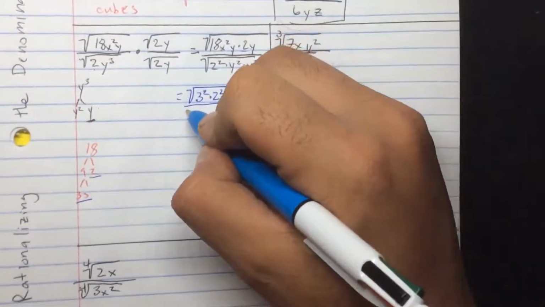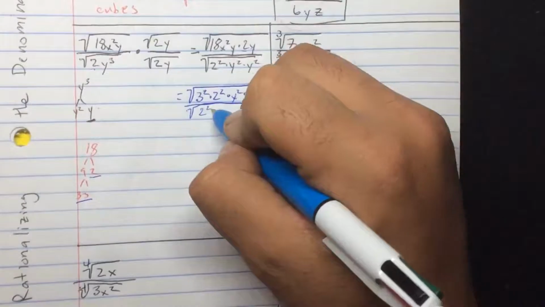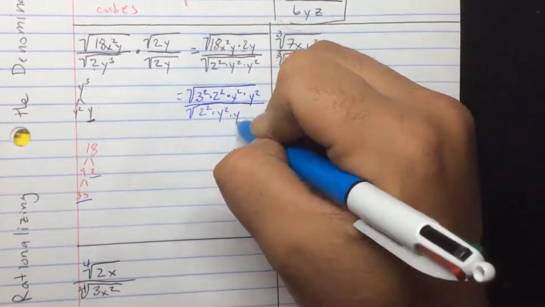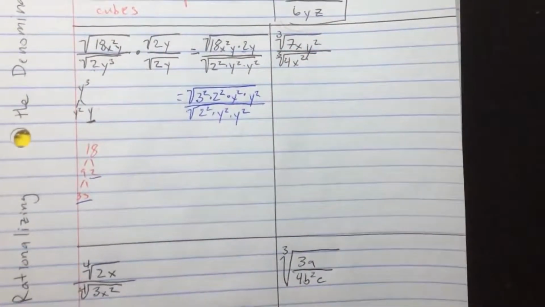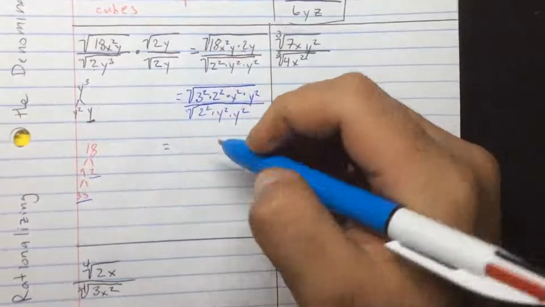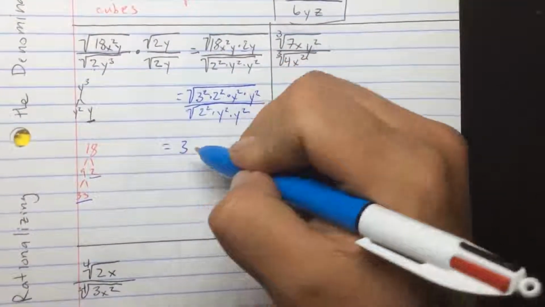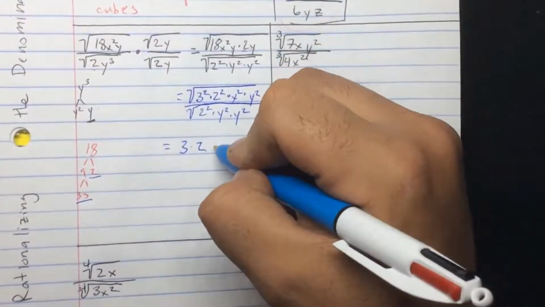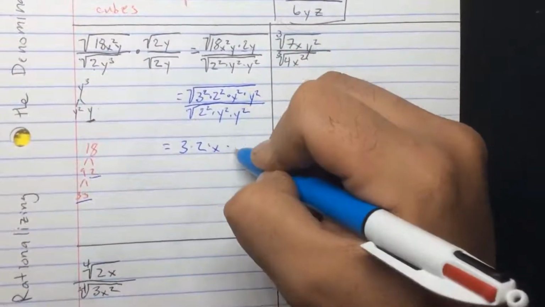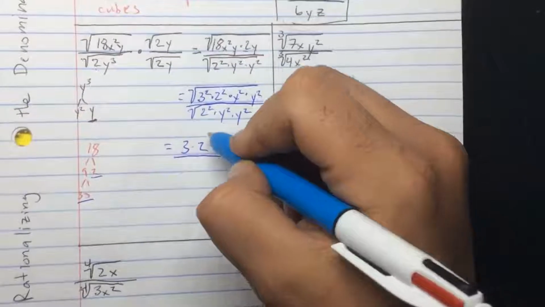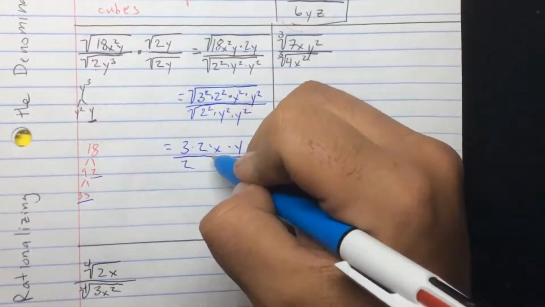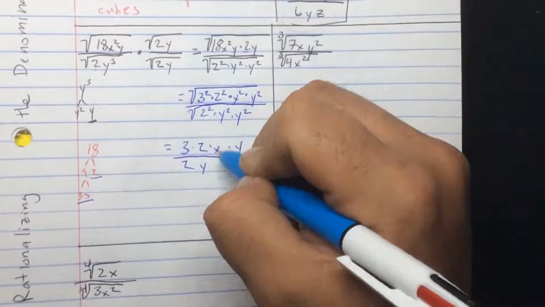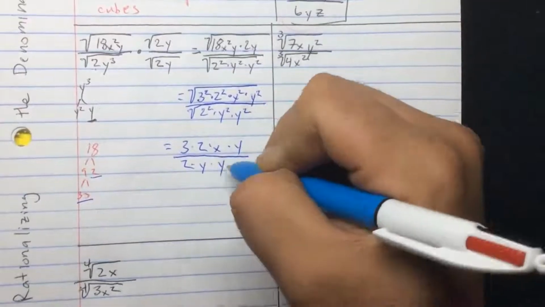And this one is going to be our square root of 2 squared times y squared times y squared. So it seems like everything's going to come out, which is awesome. So the square root of 3 squared is 3, square root of 2 squared is 2, square root of x squared is x, square root of y squared is y, over square root of 2 squared is 2, square root of y squared is y, and square root of y squared is also y.